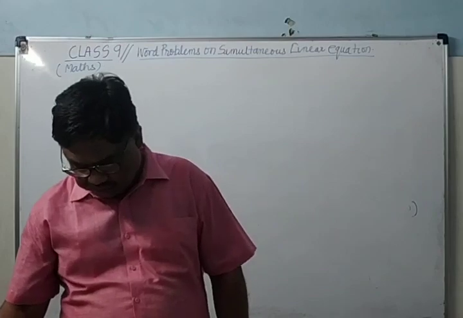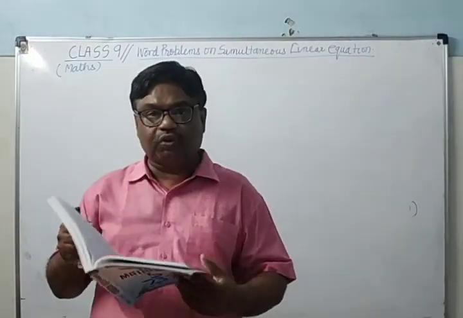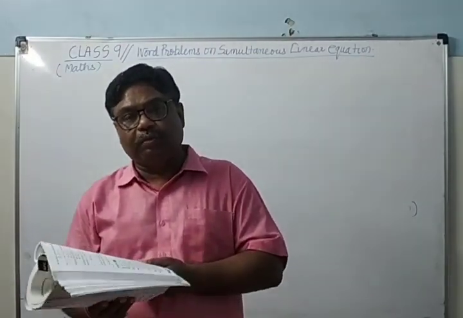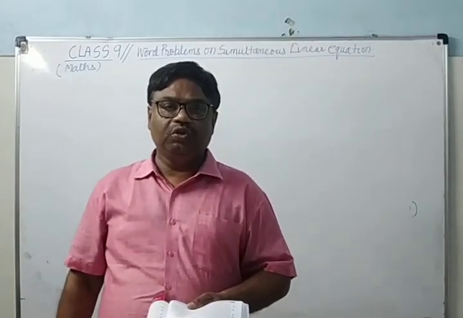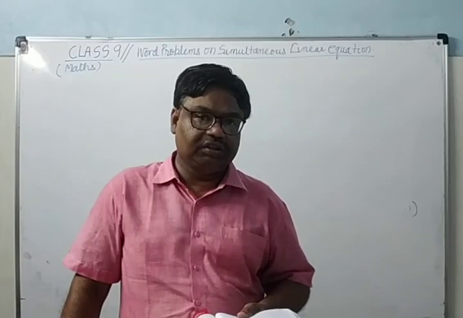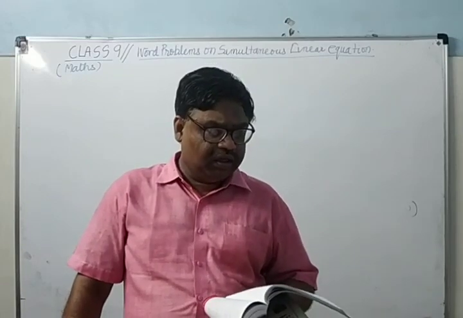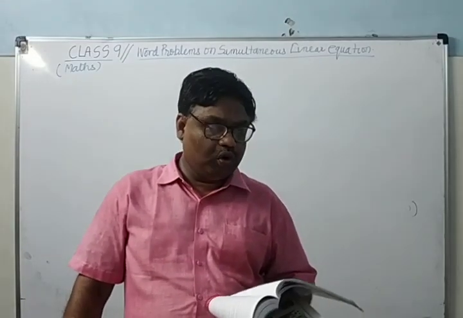Now see here, I am taking one question. For those who don't have the book, I will read the question so you can write it down. Here is question number 4.